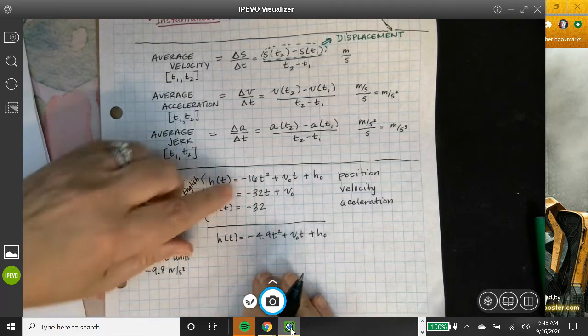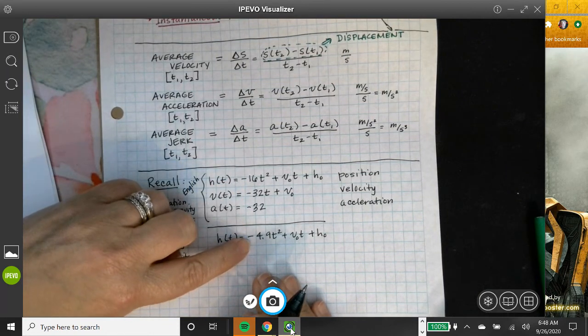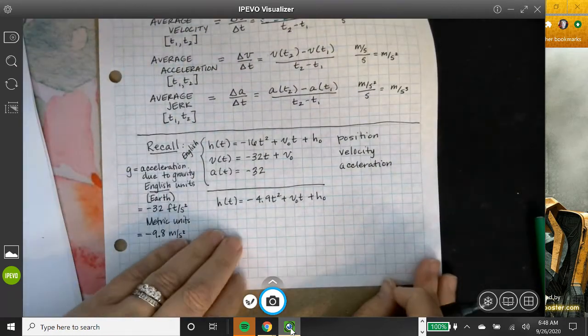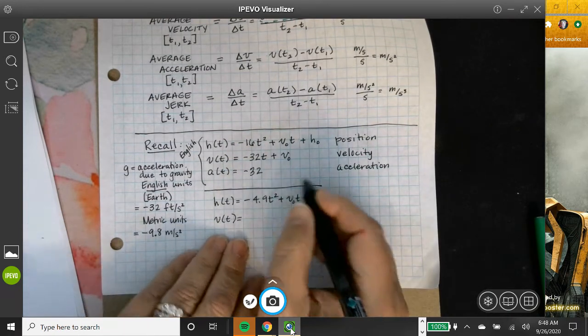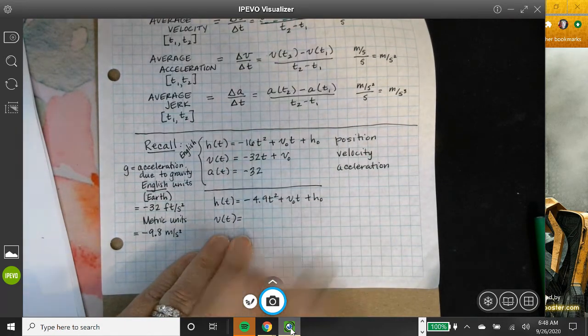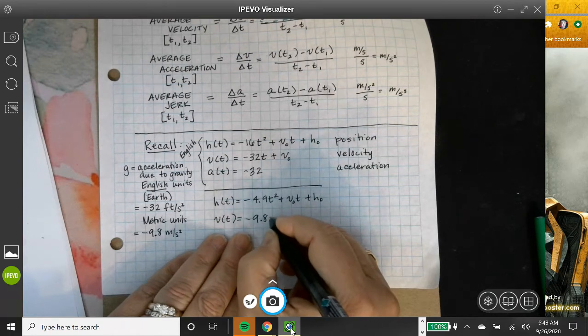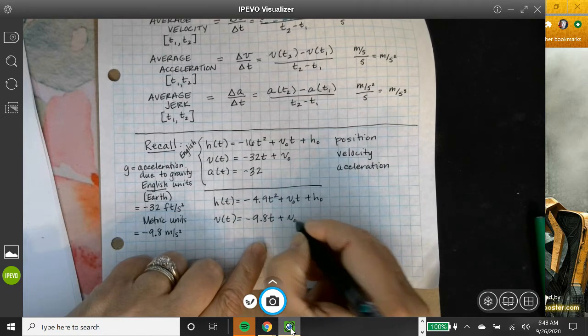So the only thing that changes is the 16 turns into a negative 4.9. And the reason for that is obviously when I take the derivative, let's take the derivative to find the velocity function. It's going to be negative 4.9 times 2, which would be negative 9.8. And there it's arrived on the scene. You see the 9.8 times t plus v original.